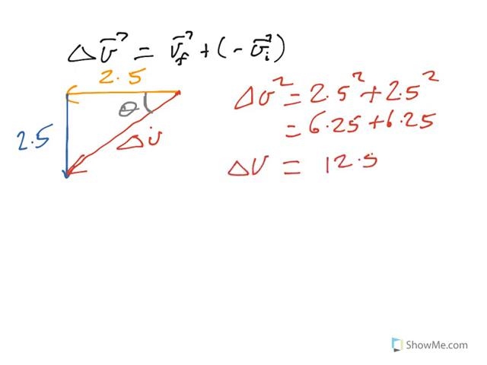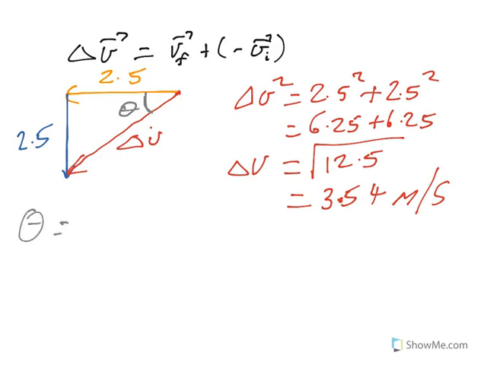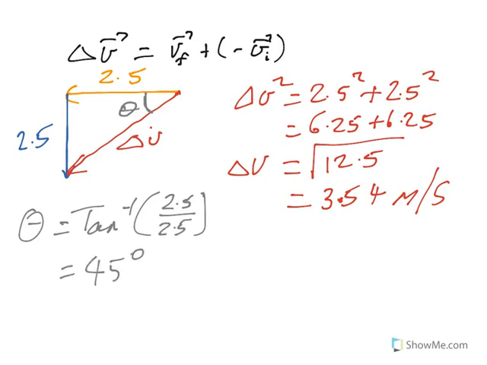To find just the change in velocity, we square root that, which comes out to 3.54 meters per second. We need an angle, and use tan again, opposite over adjacent, which is 2.5 over 2.5, so you get 45 degrees.